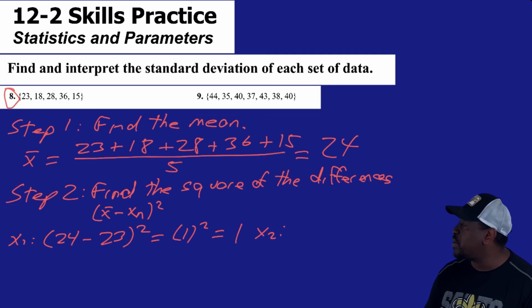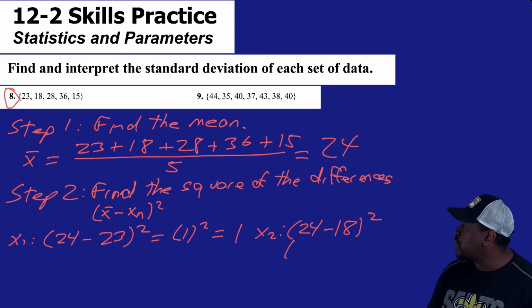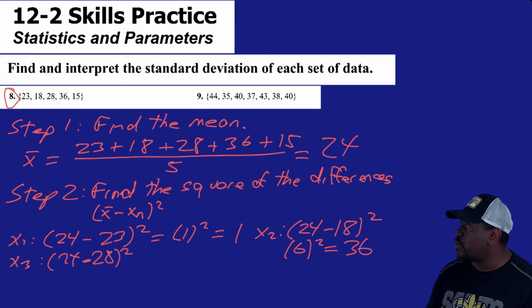That will be 1 squared, which gives us 1. Second one, we will take 24 minus 18. Again, the mean will always be subtracting the term, and we square that, which gives us 36. For the third, we take 24 minus 28 and square that, which is negative 4 squared, equal to 16.